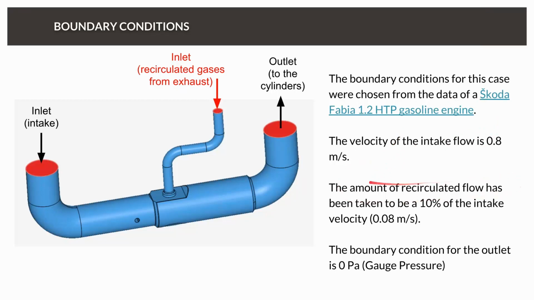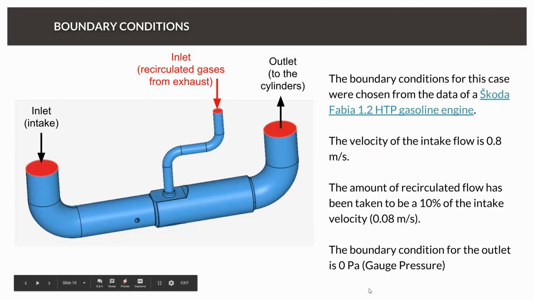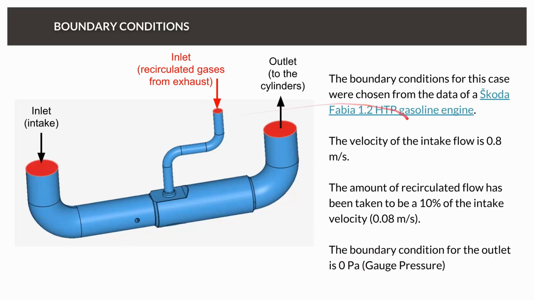And we will model the amount of recirculated flow by applying 10% of this mass flow rate or velocity on this inlet here. The boundary condition for the outlet itself is 0 Pascal, which is the gauge pressure, the ambient pressure.